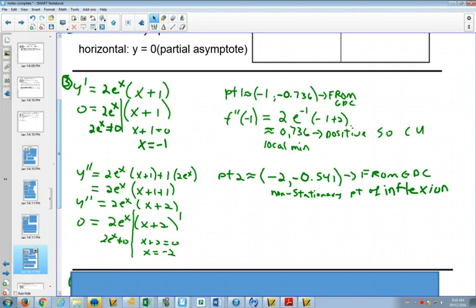And we know that at negative 2, we're going to get an inflection point. Both of these you're going to have to get from your graphing calculator anyways. So if you have it from your graphing calculator, you're also going to know that it's a local minimum and an inflection point just looking at your calculator. Might have to play around with your window a little bit to get something that visually looks well on that.